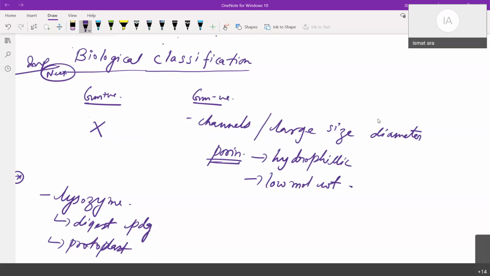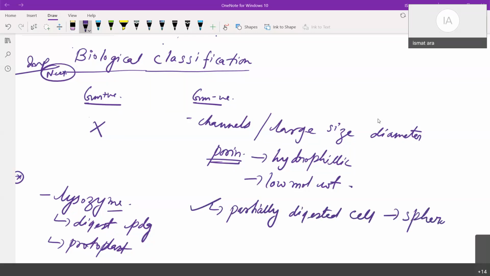But due to the LPS layer in gram-negative bacteria, complete digestion of peptidoglycan cannot take place. Why? Because the LPS layer is there. So when you treat with lysozyme here, you get a partially digested cell. This partially digested cell is called spheroplast.